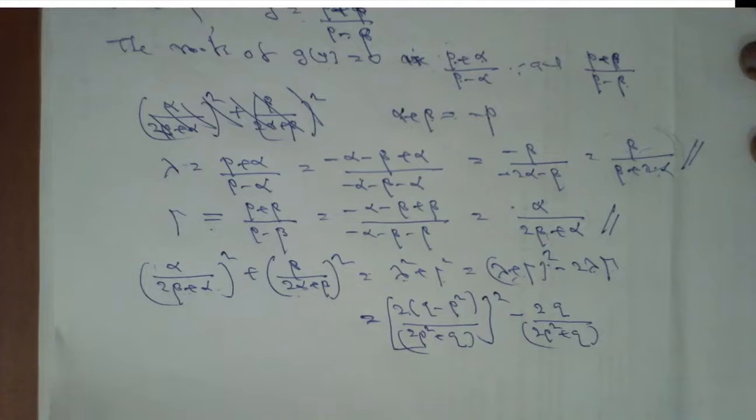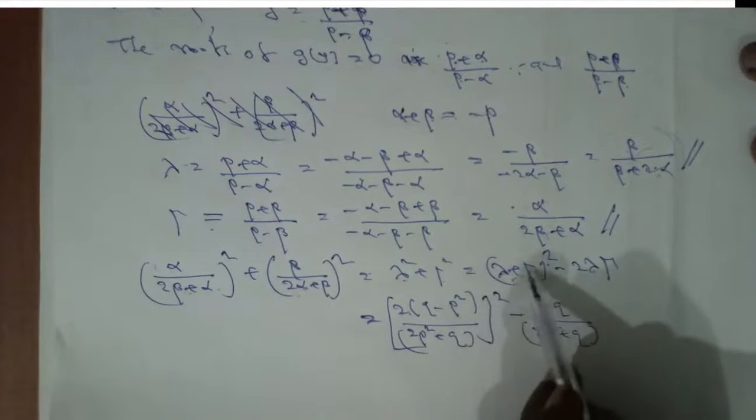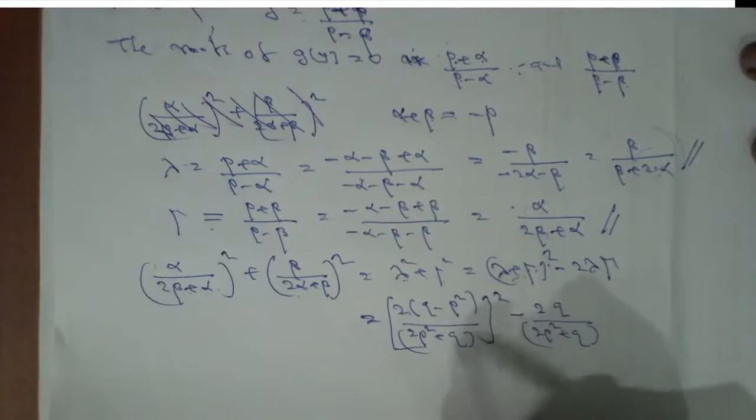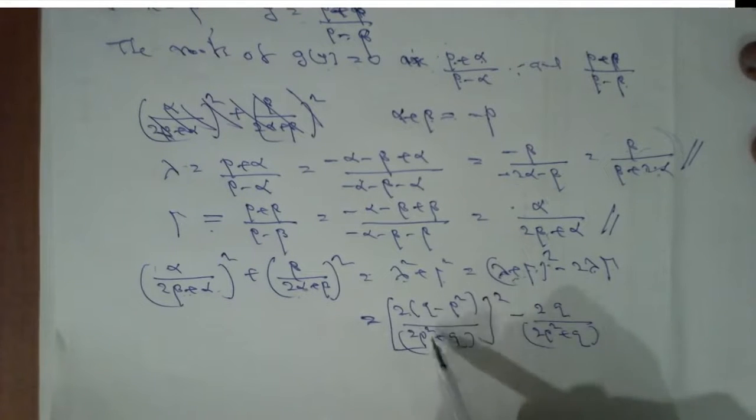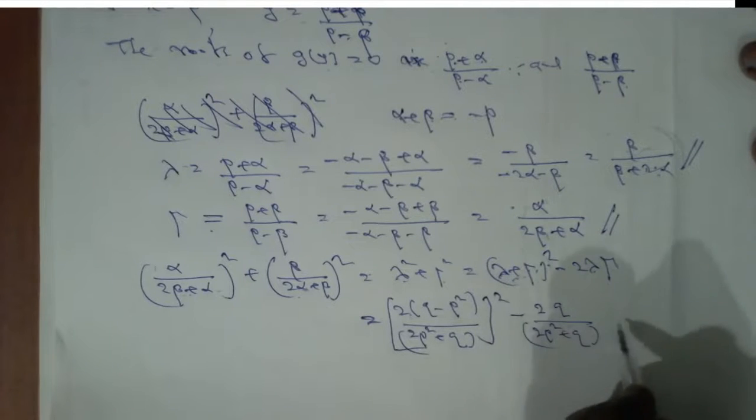So lambda plus mu squared you can take from that equation, from g(y) equals 0, the sum of the roots, all squared. So this is the value in terms of p and q, right?